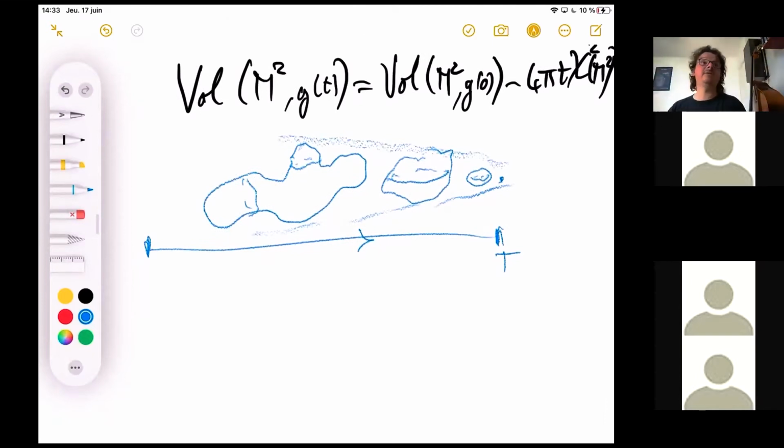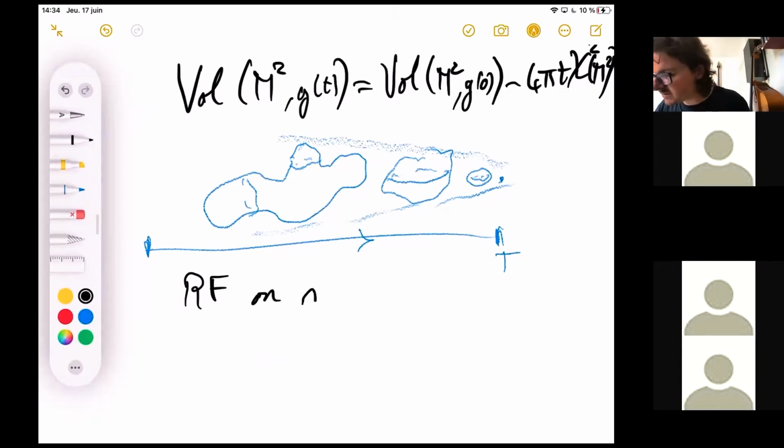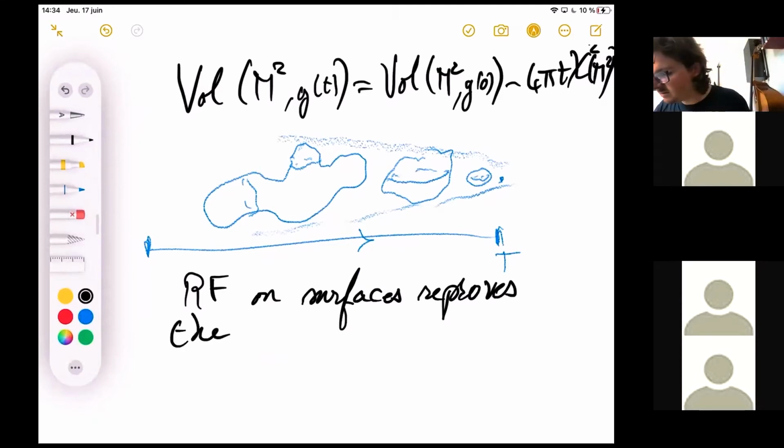And you have similar behavior when the genus is positive, so the Euler characteristic is zero or negative. You will have, up to some scaling, convergence to the constant curvature metric. So maybe just notice that Ricci flow on surfaces reproves the uniformization theorem.